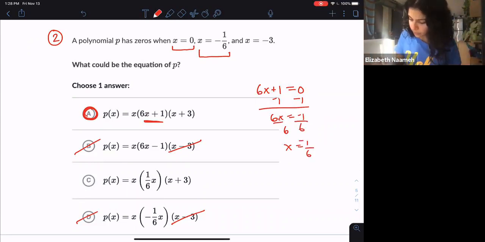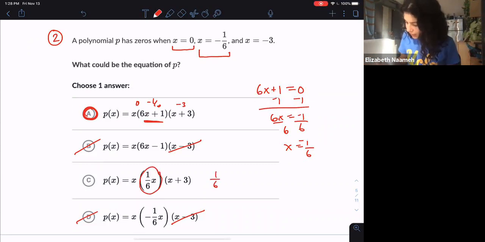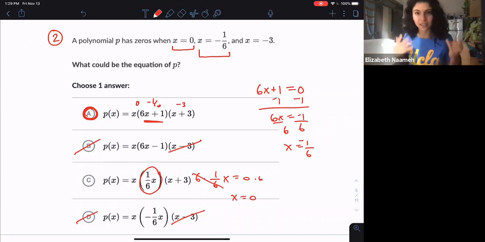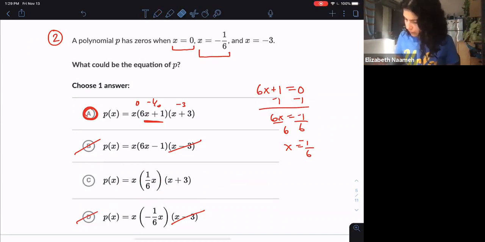So that gives me the zero at -1/6, and the -3. This guy, on the other hand, if I set it equal to 0, I would multiply both sides by 6, and I just get x equals 0. I don't want a zero at 0. I want a zero at -1/6. So that's why we would narrow it down the way we did.